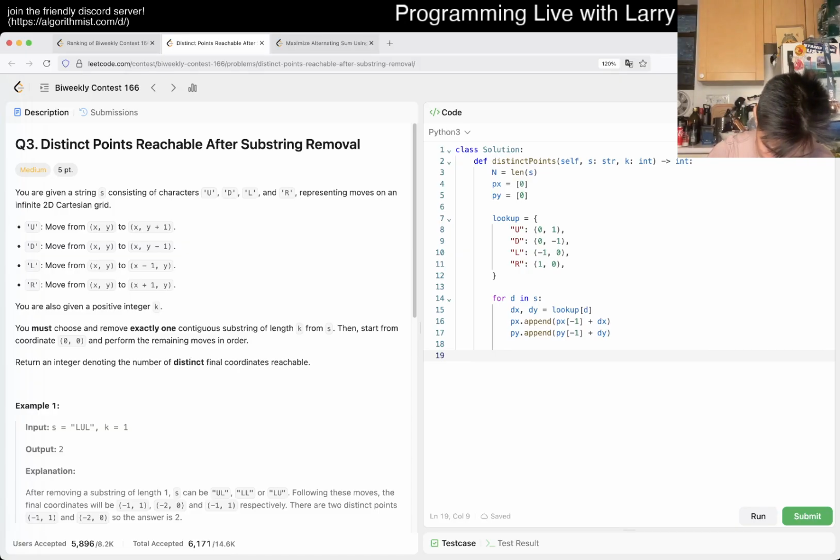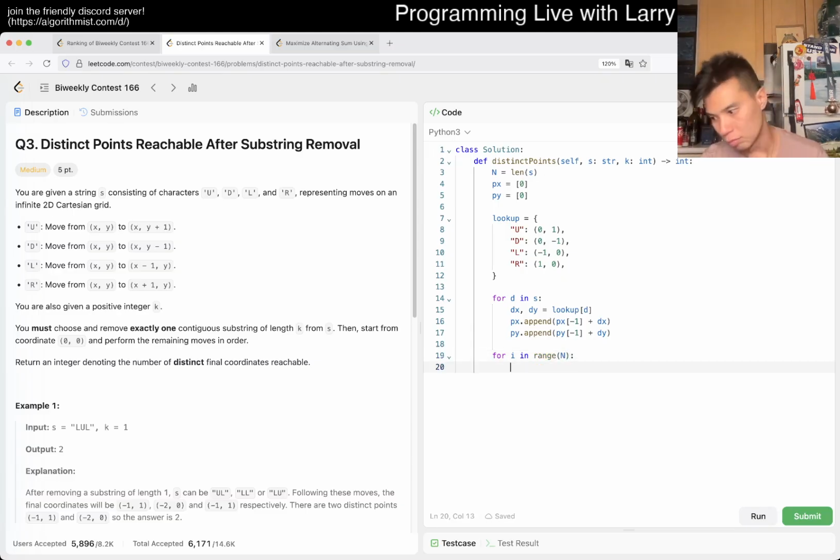We want to remove this thing, so then we just get this part and this part, which is the end. Something like remove I to I plus k minus 1.